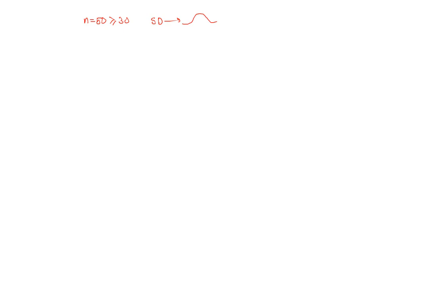Now let's go ahead and draw this diagram. In essence, this is the sampling distribution, mu sub x bar, sigma sub x bar. Now remember, mu sub x bar is equal to mu according to the central limit theorem.